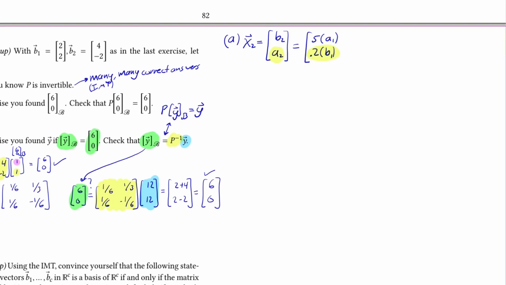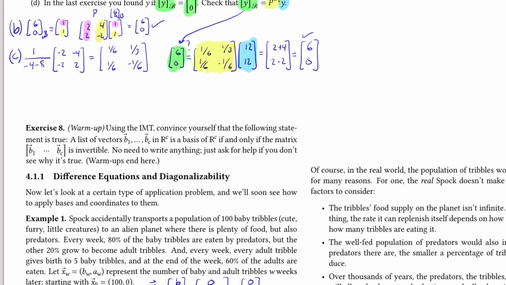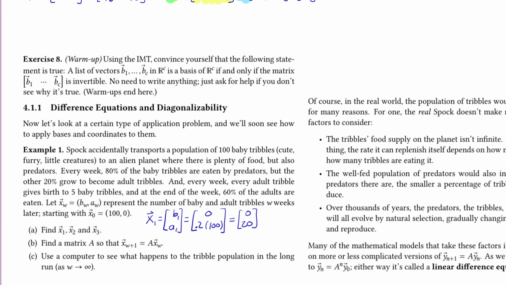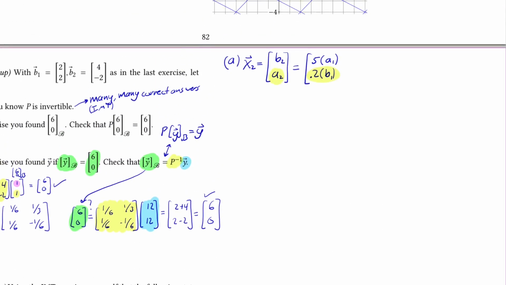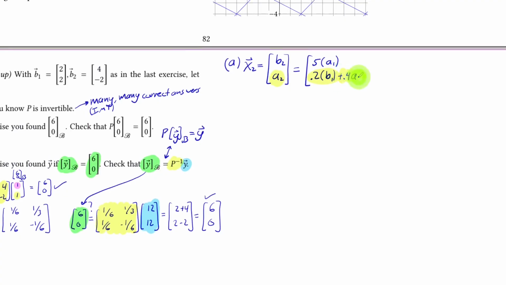But I'll write this anyways just to show work. And then also, there's still going to be some of the adults that survive because every adult tribble gives birth to 5 baby tribbles, and then after that, at the end of the week, 60% of the adults are eaten. So we still have the other remaining 40% of the adults from the previous week.